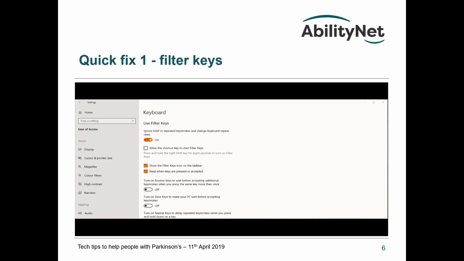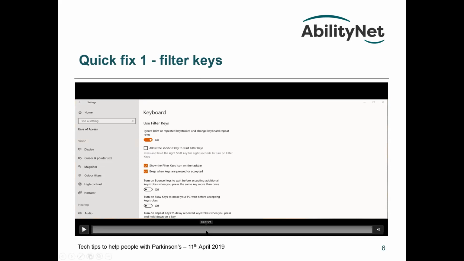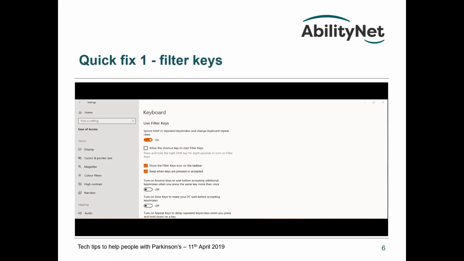So filter keys is one of the go-to options that we've got on the keyboard. When you put filter keys on, you just hit the key for as long as you want, and you only get one character. So basically, that is Quick Fix 1. You can find it on My Computer My Way as well.